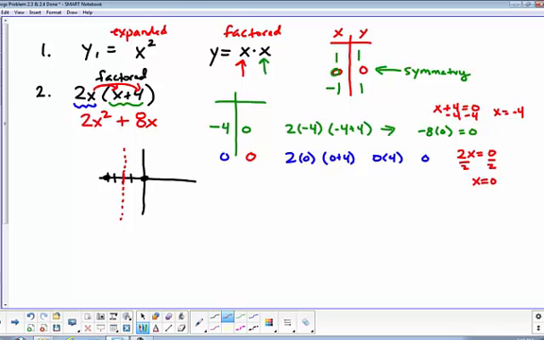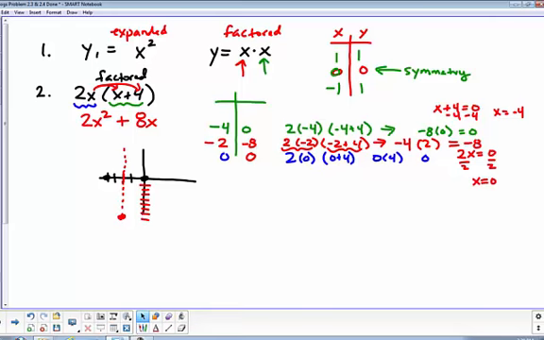So if I plug -2 into the equation, 2 times -2 times -2 plus 4, 2 times -2 is -4, times -2 plus 4, which is 2, and that will give us -8. So that is the y value of my vertex. So we're going to see if we can match this one up.